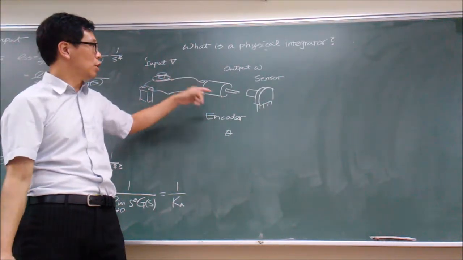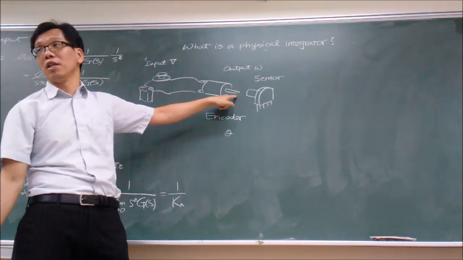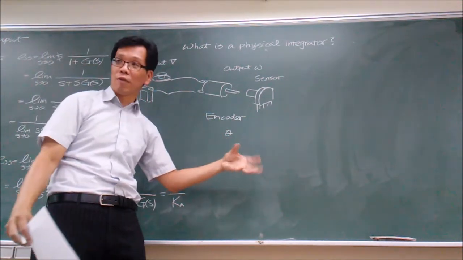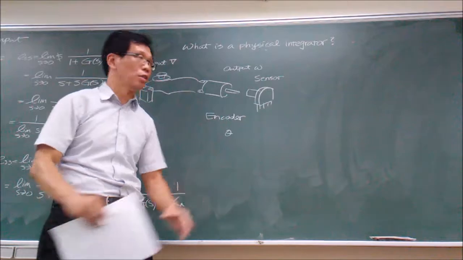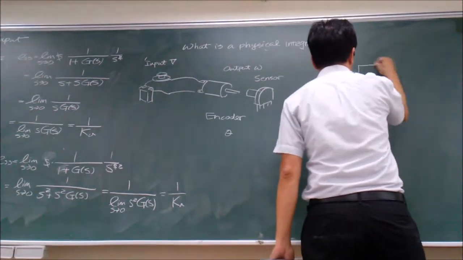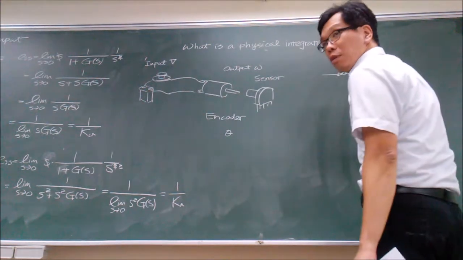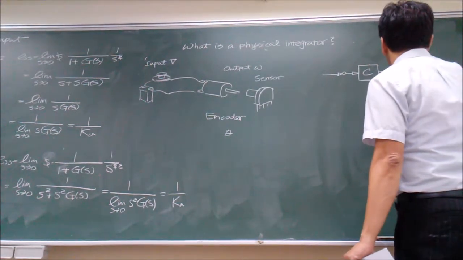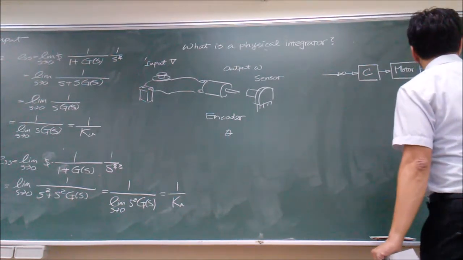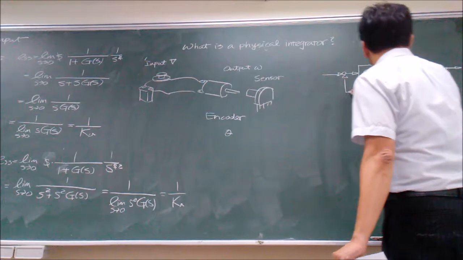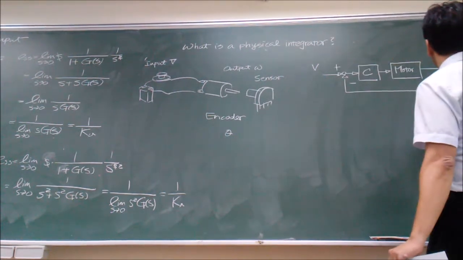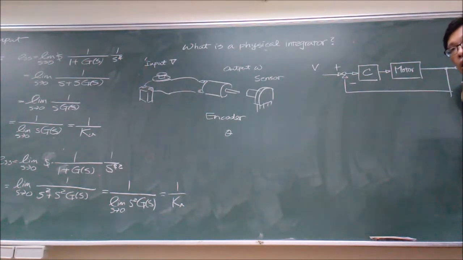So this is something you can think about when you are doing physical systems. When you have a motor, you are generating angular velocity. But if you use a sensor to measure the position of the shaft, that is going to be the integrator. In other words, you got a controller, this is something you need to design. What is my Y?